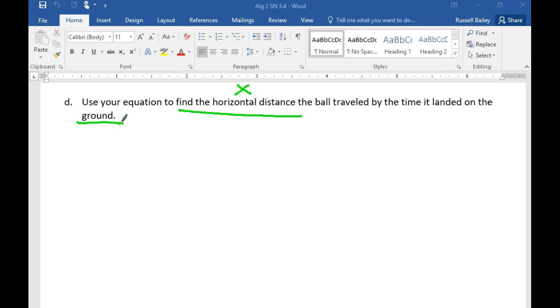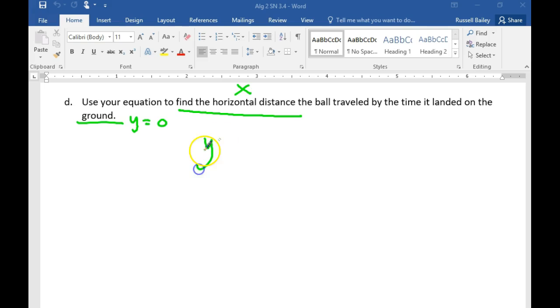Now that means we know something. If a ball is on the ground, we know its height. What's its height? 0. That means y equals 0. So you might want to write that, because that's not obvious. But whenever I ask you when does it land on the ground, I'm really telling you a fact. I'm telling you the height is 0, and you're going to use that to find the distance that it traveled to land on the ground.